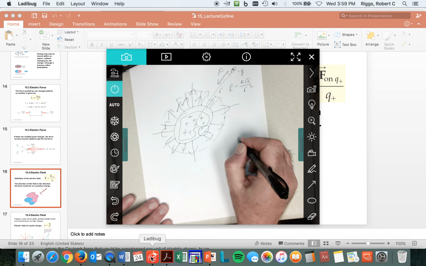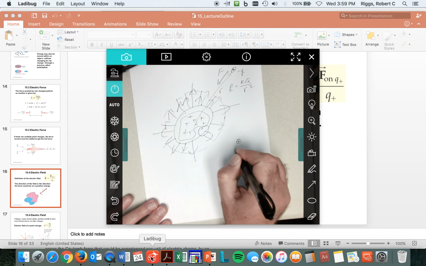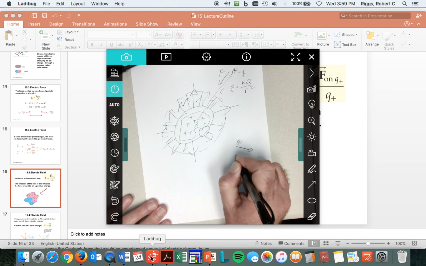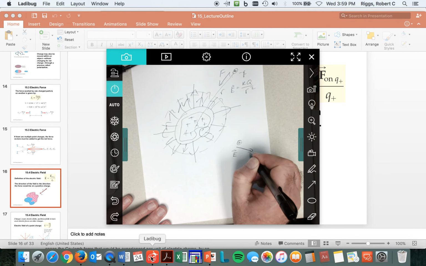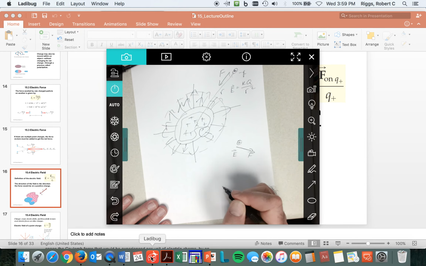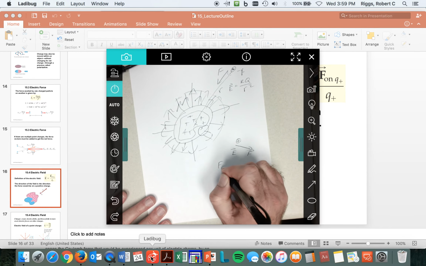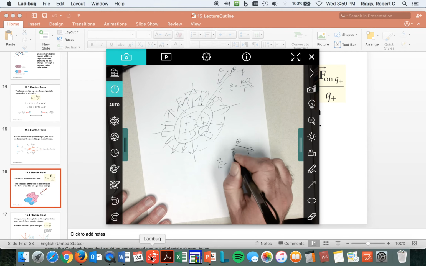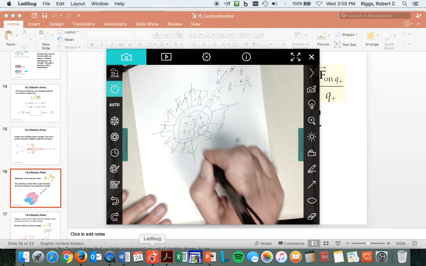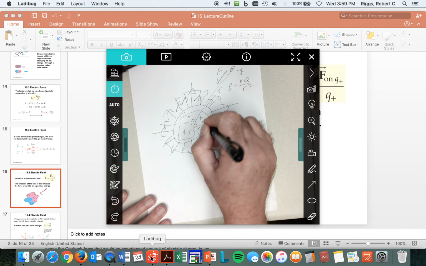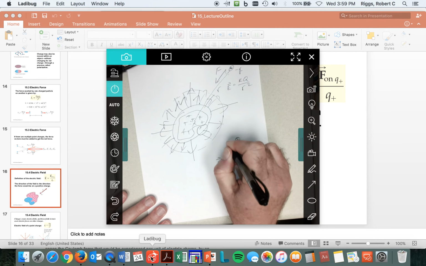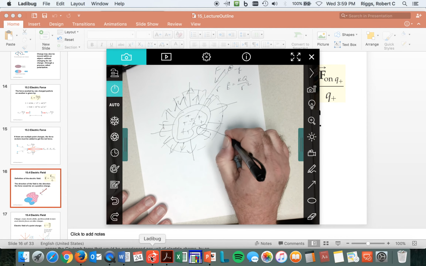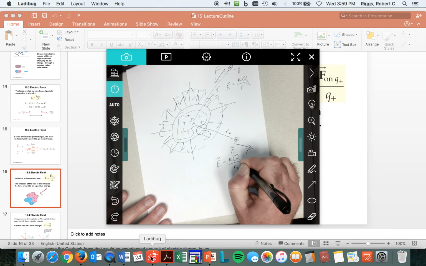Now, if I had a positive charge over here, it would feel the force going this way. The electric field is going out that way, but the force it would feel is also going that way. The electric field on that charge is equal to, again, the electric constant k times all this charge Q in here, divided by this distance, R2 squared.